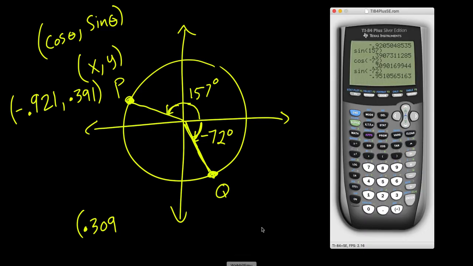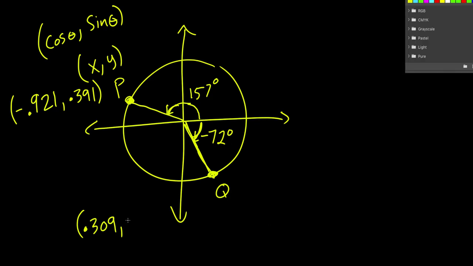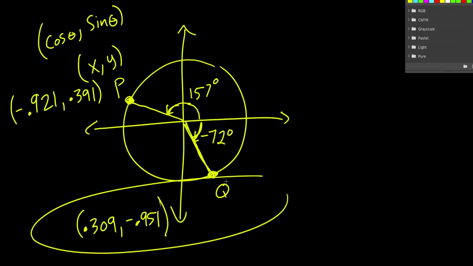And then the y value was negative 0.951. Okay, so that's the value for Q, or the point for Q, and the point for P.